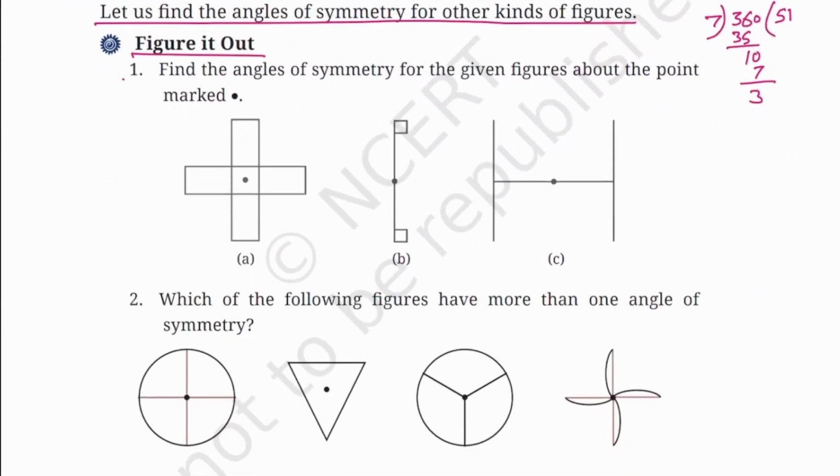Figure it out. 1. Find the angles of symmetry for the given figures about the point marked dot. If this is taken as reference line, then angles of rotation, or angles of symmetry, will be 90 degrees, 180 degrees, 270 degrees and 360 degrees.